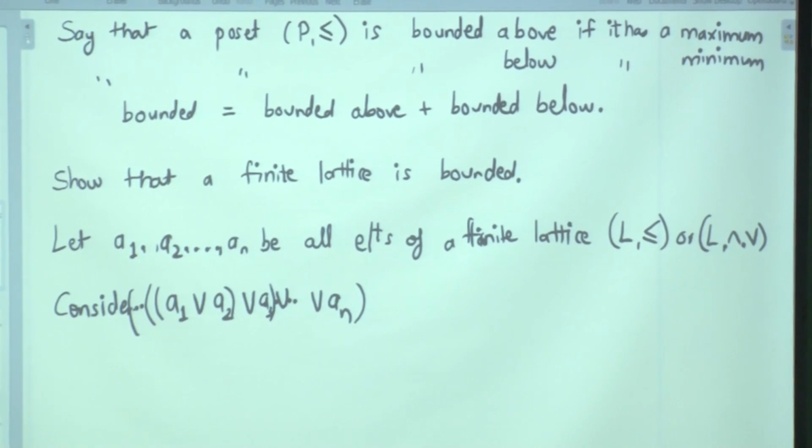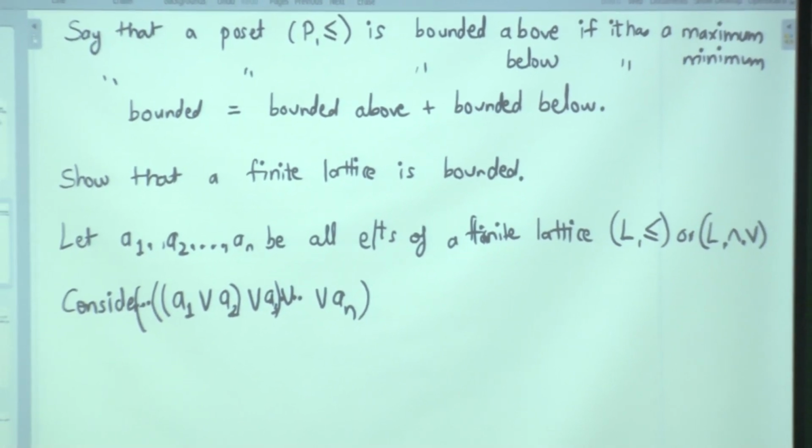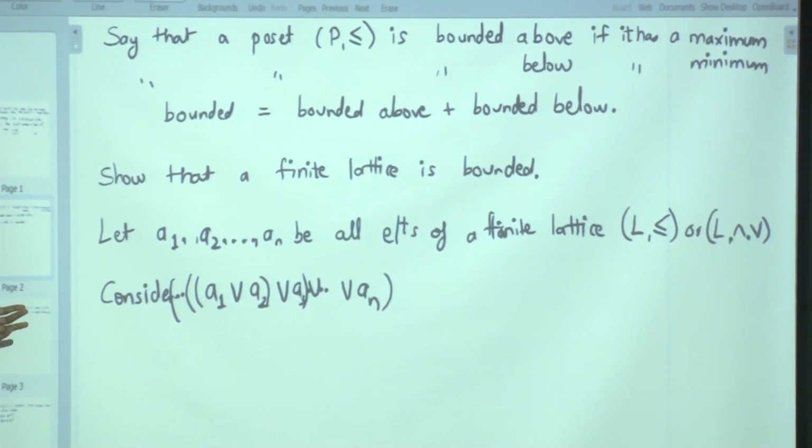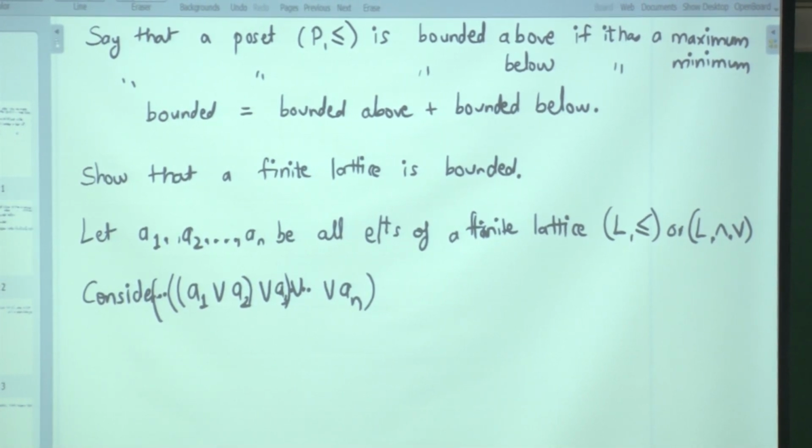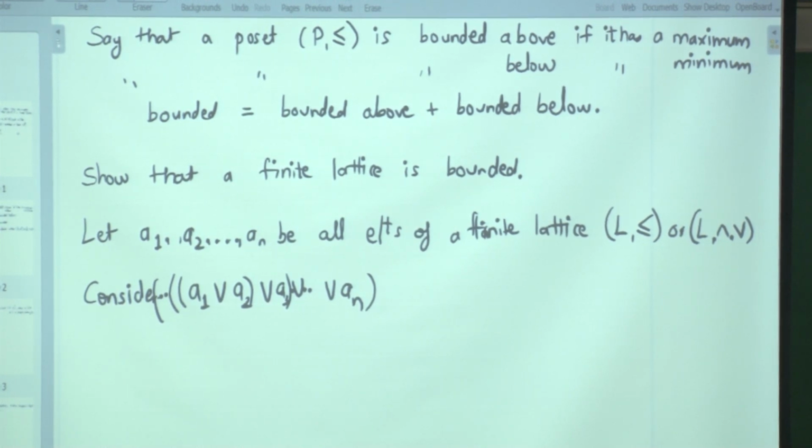So by associativity and finiteness this will exist. Now this is a successive join, a finite join, so it must be an element of L itself. Use associativity.